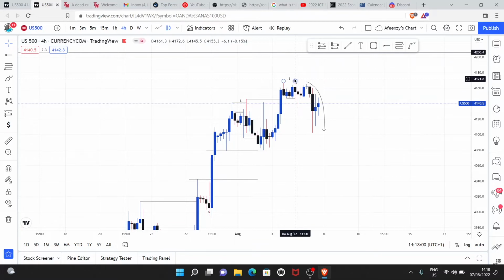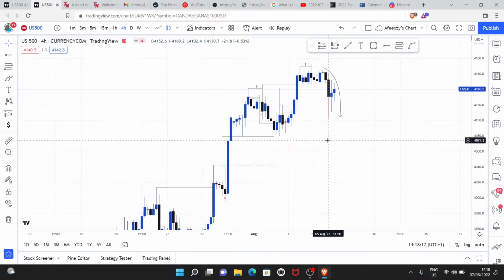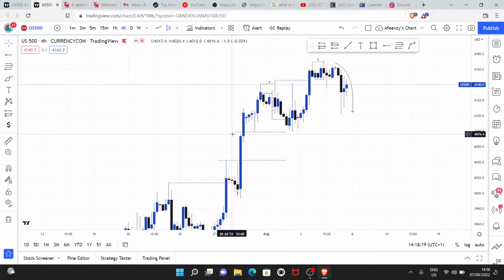So this was a liquidity zone. It changed the structure, clearing out this equal lows, then a pullback to more than 50%, like 60% of the retracement, then it plummets down. So let me clear the charts and make a new analysis.